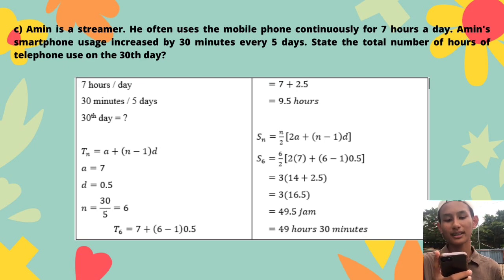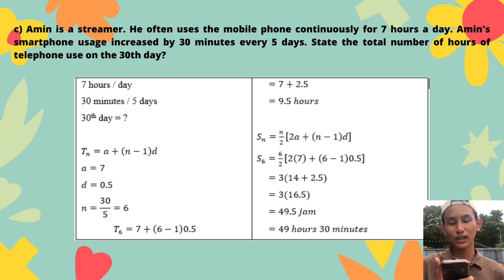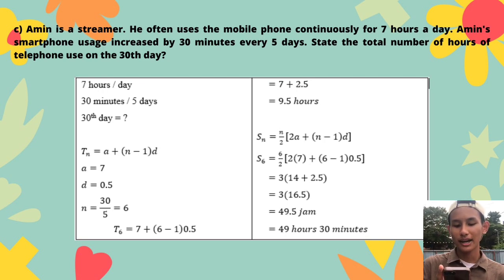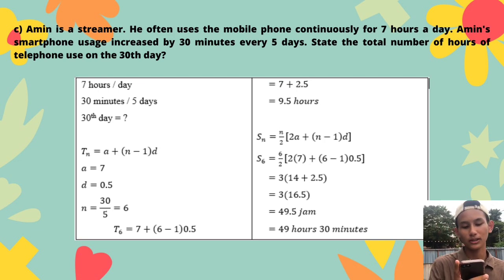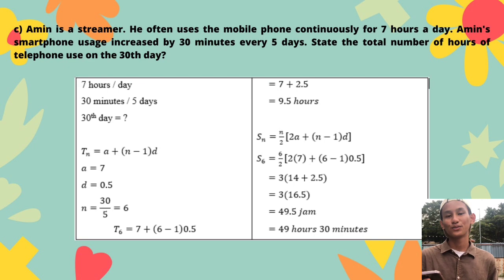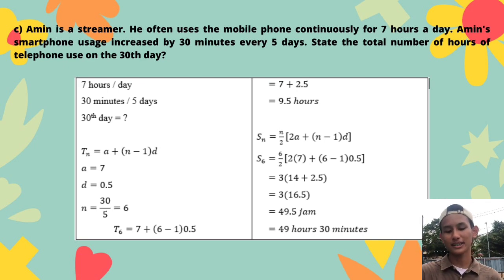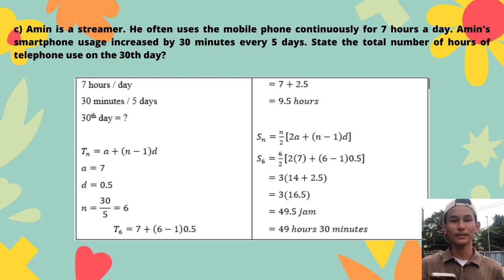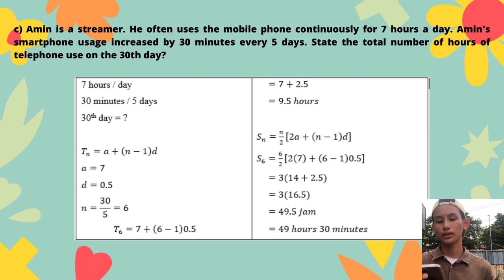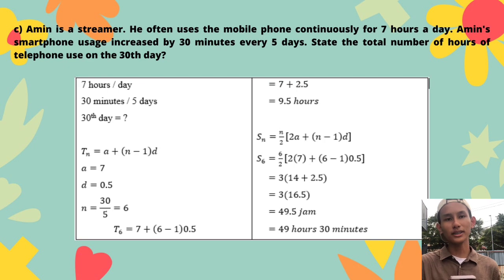From the data we got A equal to 7, d equal to 0.5, n equal to 30 divided by 5, and we should get 6. For the sixth term, equal to 7 plus (6 minus 1) multiplied by 0.5, we will get 9.5 hours, or equal to 9 hours 30 minutes.